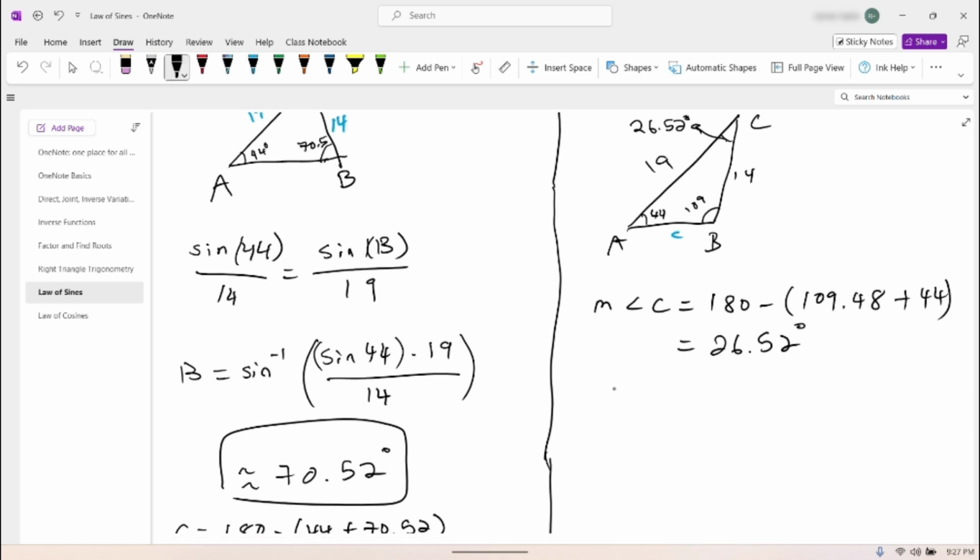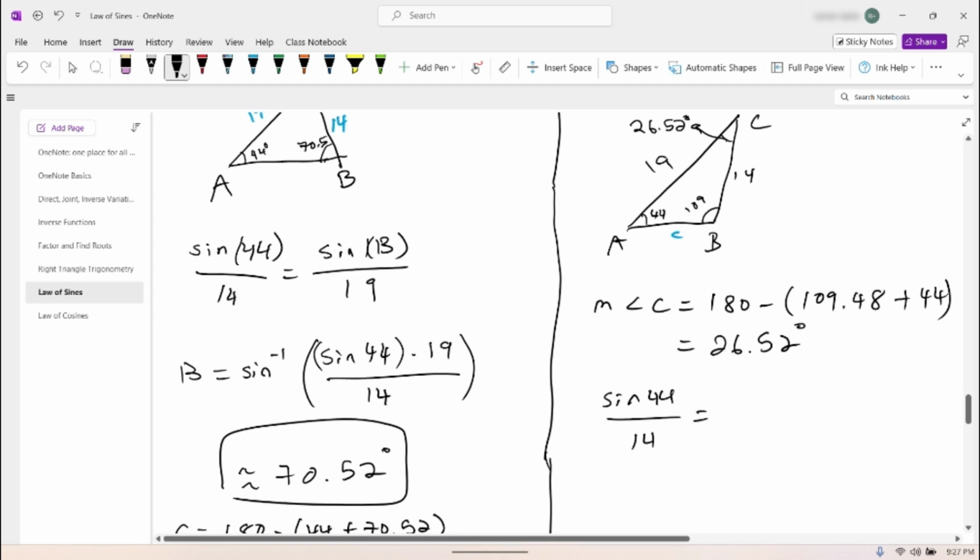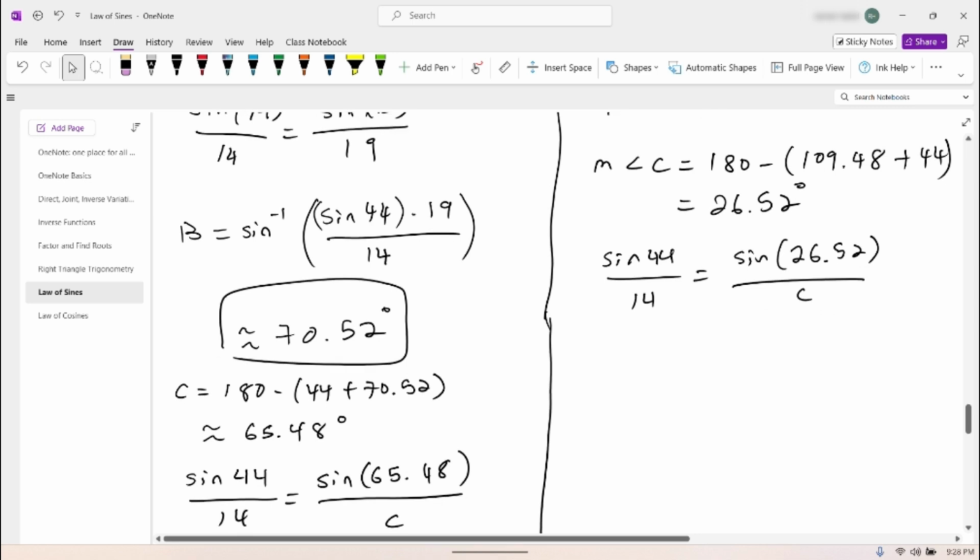So let's use sine of 44 over 14 equals sine of 26.52 over c. Using law of sines, we're solving for side c. So c equals 14 sine of 26.52 all over sine of 44.